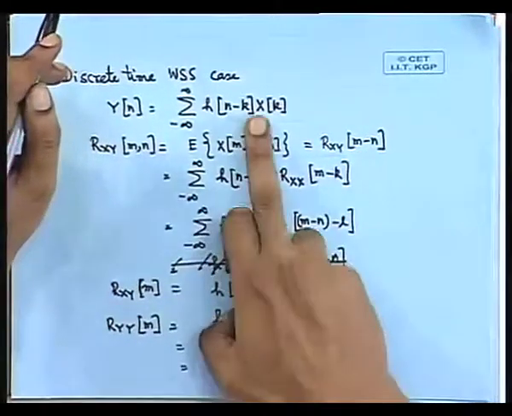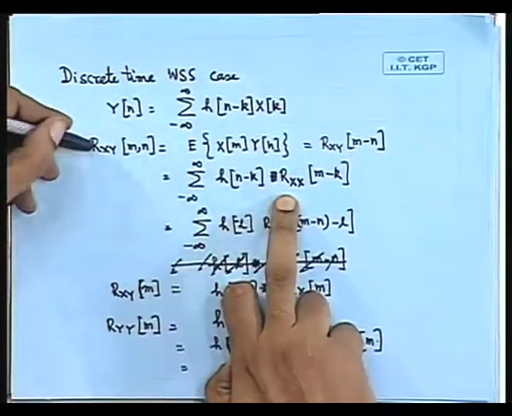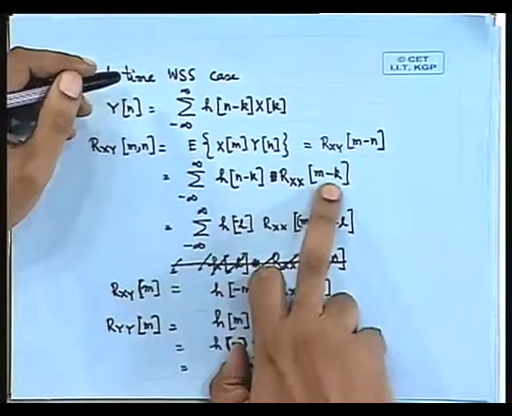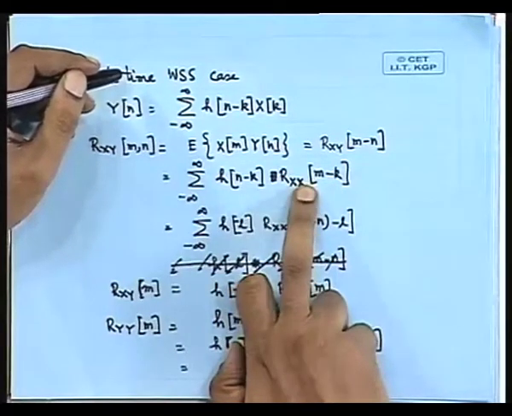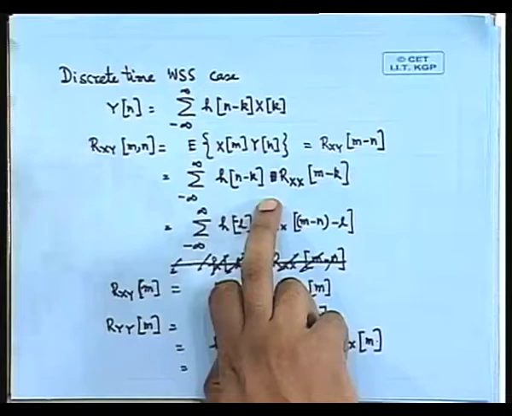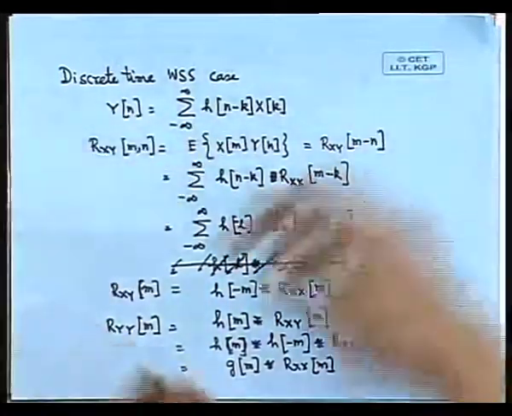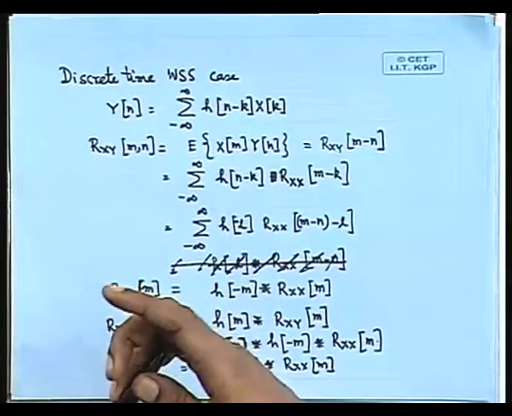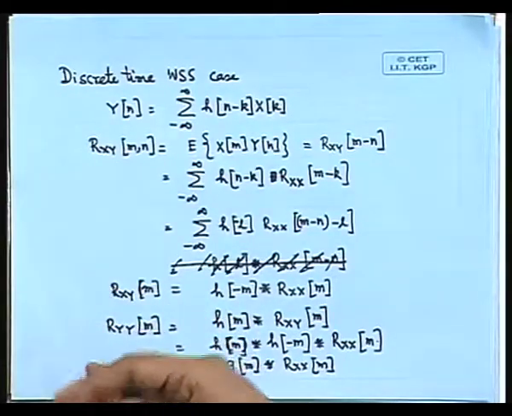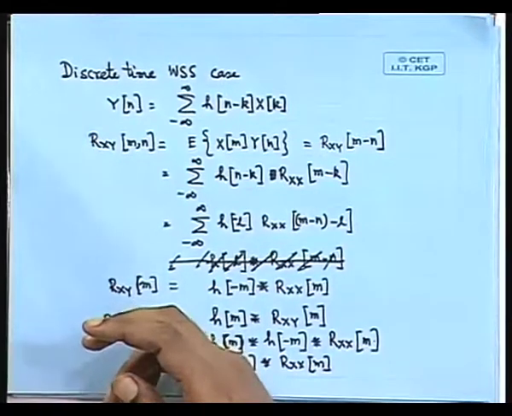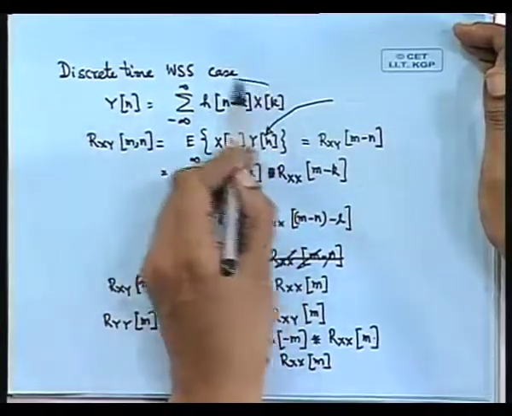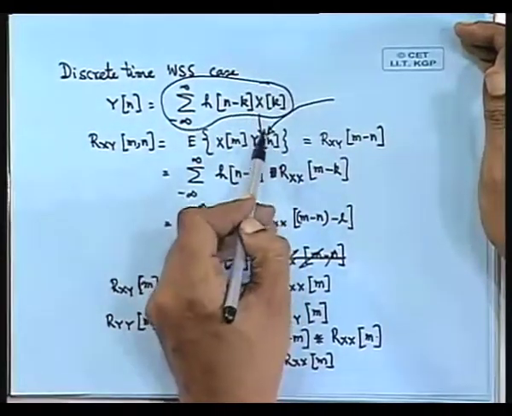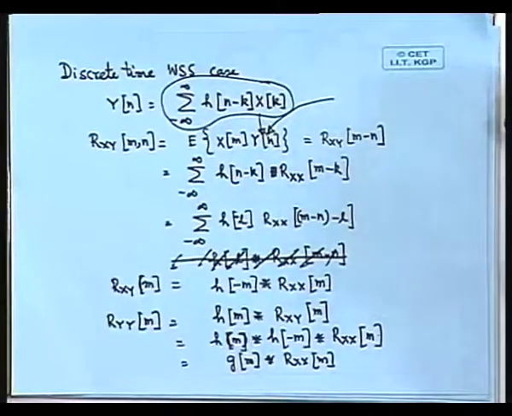Now let us come to this. Once we know this, what is going to be Rxy? It is h of n minus k into Rxx of m minus k. How do we obtain this? This is reasonably simple to obtain. What you have to do is, for this y_n, you substitute this expression, then you put the expectation inside.